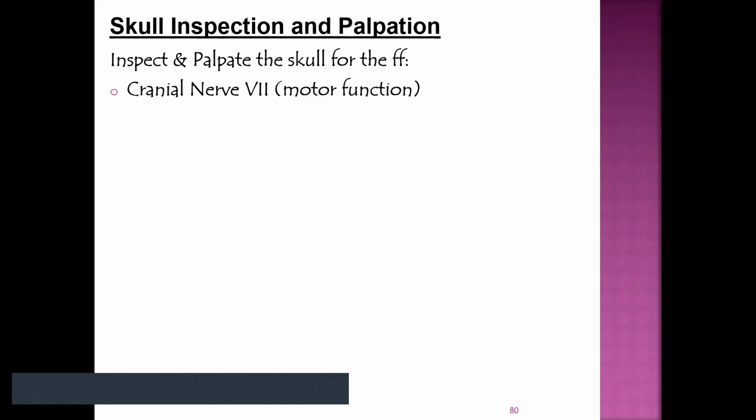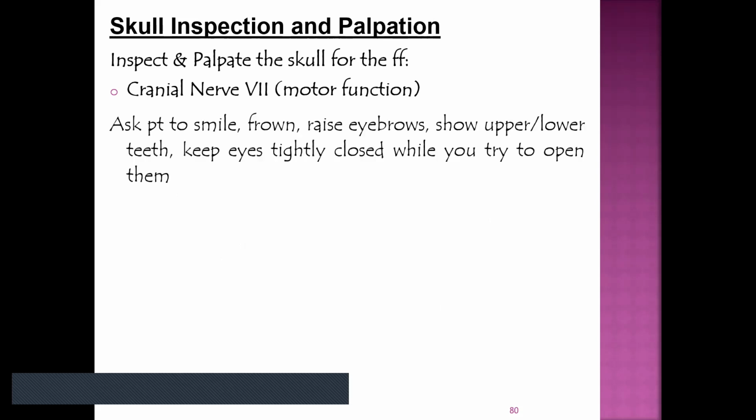In terms of testing the motor function, cranial nerve 7, because of its location, this affects your facial muscles. You ask the patient to smile, frown, raise your eyebrows, show your upper and lower teeth, right?